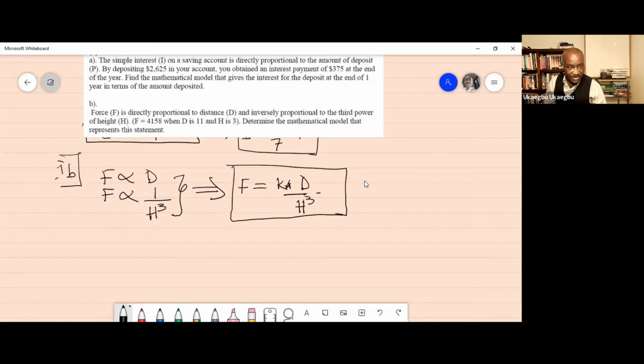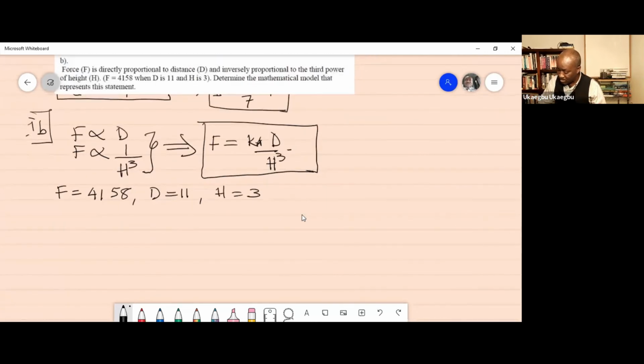Then consider the variables that are given. It says when F is equal to 4158, d is equal to 11, and h is equal to 3. At this stage, you plug all these numbers back into the equation.